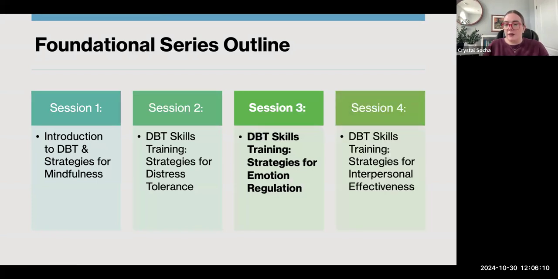And then next week, same time, we'll be covering strategies for interpersonal effectiveness. So again, if you missed out on those first two, have no fear. These are skills that build on DBT. It can be helpful to understand its foundation and its history. Nonetheless, you should still be able to follow the content perfectly fine.